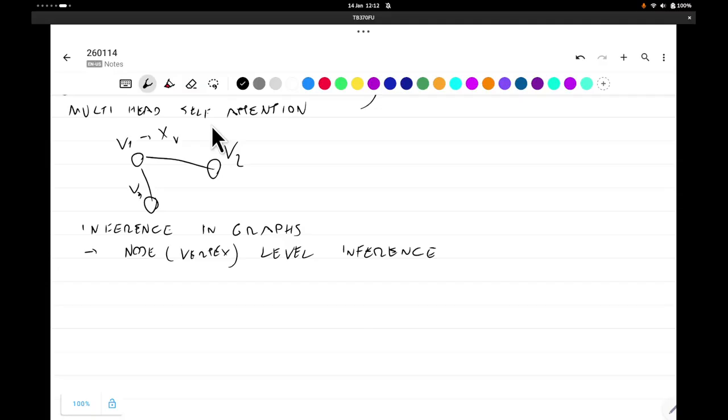Then you have edge level inference. So you predict typically, this prediction here could be regression, so you predict a value in this vector of properties, or a classification.